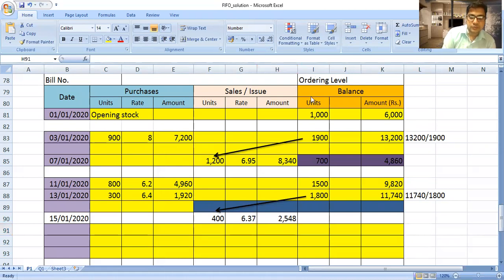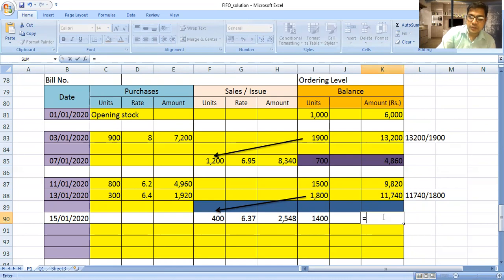Then after that, we have to find out the closing balance. Now from this 1800, 400 sold, the remaining balance 1400.